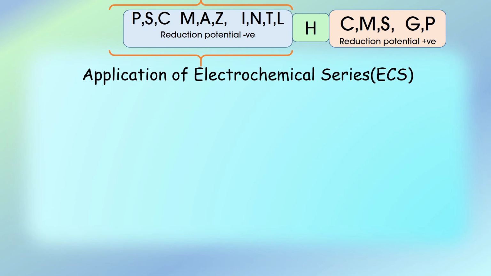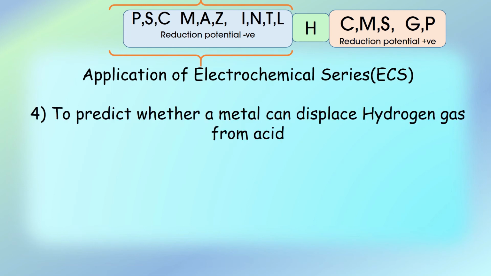Now let us understand the fourth application of electrochemical series. It is essentially to predict those metals which can displace hydrogen from acids.